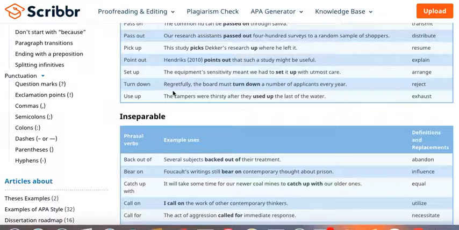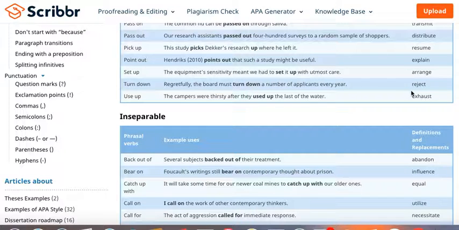Turn down. Regretfully, the board must turn down a number of applicants every year. Notice that there's a comma after the word regretfully. Punctuation is important. Regretfully means they didn't want to do it, yeah? It's unfortunate. The board must turn down.